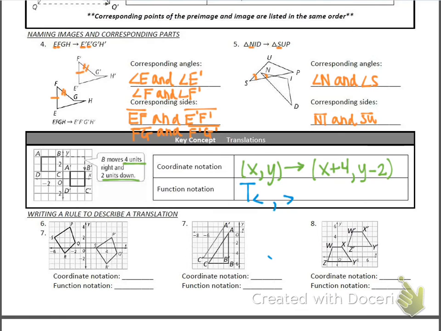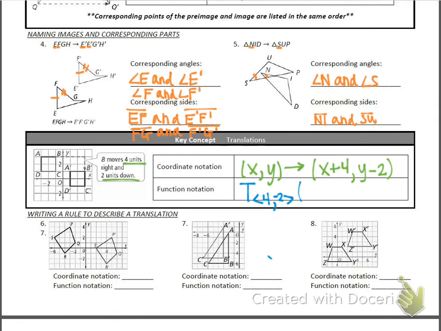So our x is changed by positive 4, right? So we just put a positive 4. And our y is changed by negative 2, so we put a negative 2. So this means we translate positive 4 for the x's, negative 2 for the y's. That's what it means. Okay? But then you also have to say which shape we're translating.